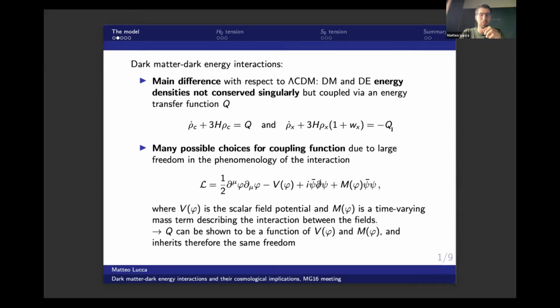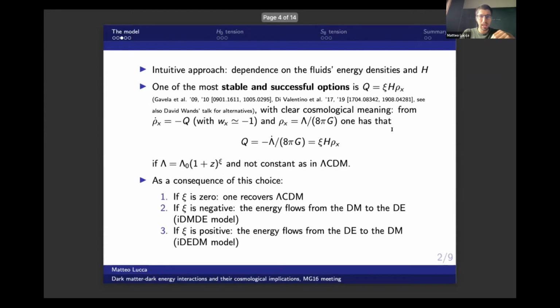However, at a cosmological level, what you would like to do, which to me also makes sense, is to assume dependencies on the energy densities of the two fluids involved in the interaction, so the dark matter and the dark energy, and on the Hubble rate. Many possibilities and combinations of the energy densities have been investigated in the literature.